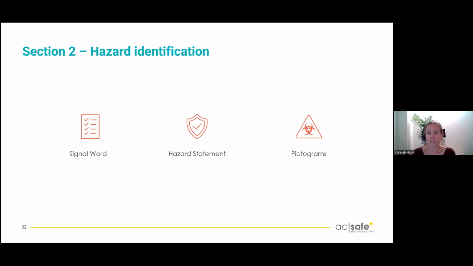We also have hazard statements. These are short, precise phrases that will describe the specific type of risk. And then finally, we have pictograms, which we chatted about. These are your standardized symbols under your WHMIS, your globally harmonized system, that give you visual cues of the hazard, like we said, flammable, corrosive, health hazard, that kind of thing.